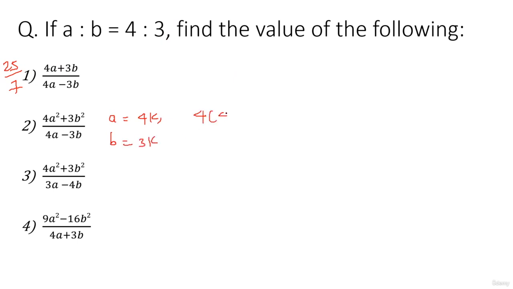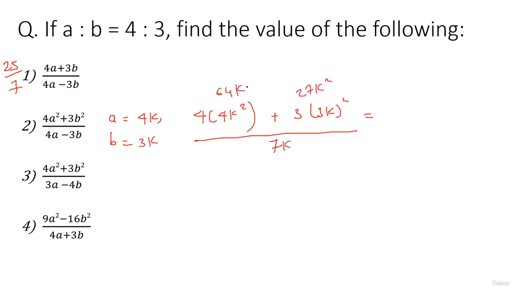So we have 4 into 4K square plus 3 into 3K square, upon 4A minus 3B, which we found earlier, 7K in the previous question. So this is nothing but 4 into 16K square, 64K square, and 3 into 9K square, 27K square. Adding them, we have 91K square upon 7K. K cancels, 7 1s are 7, 7 13s are 91, so your answer is 13K.